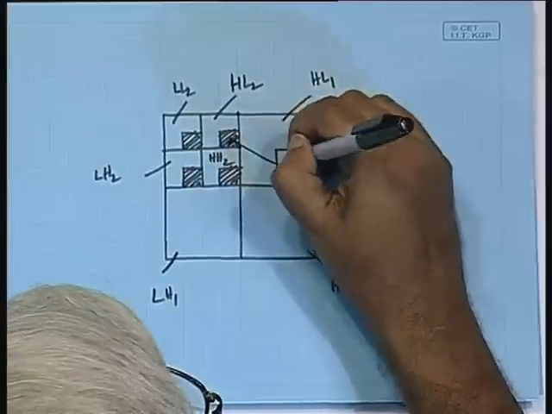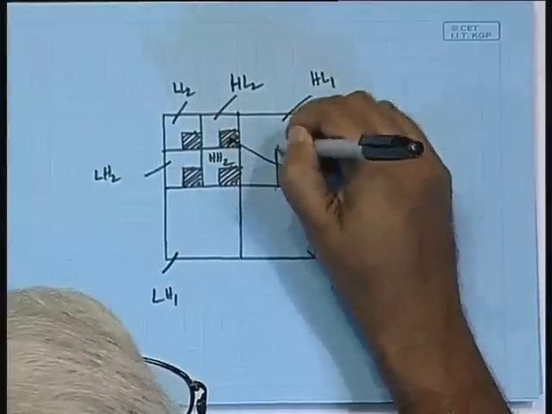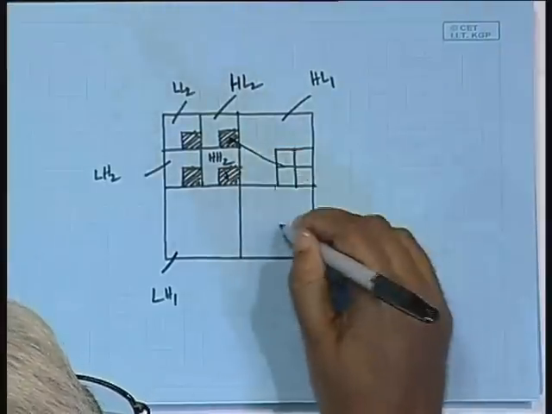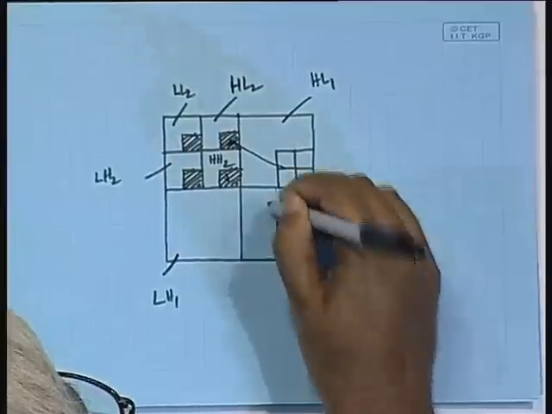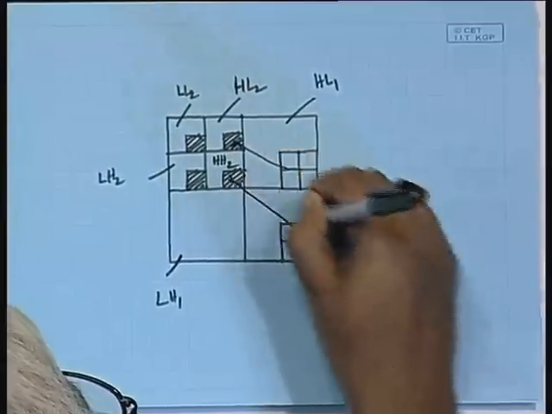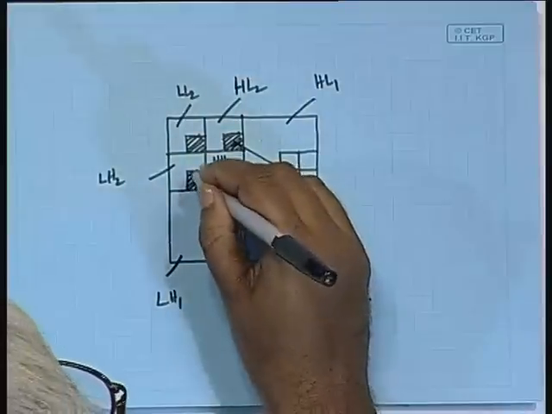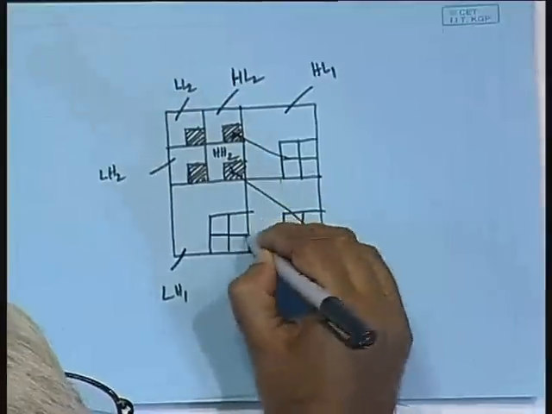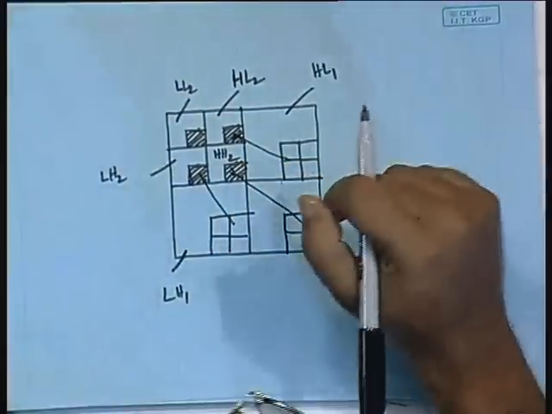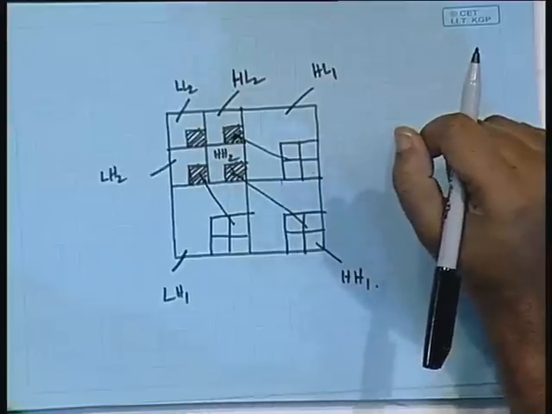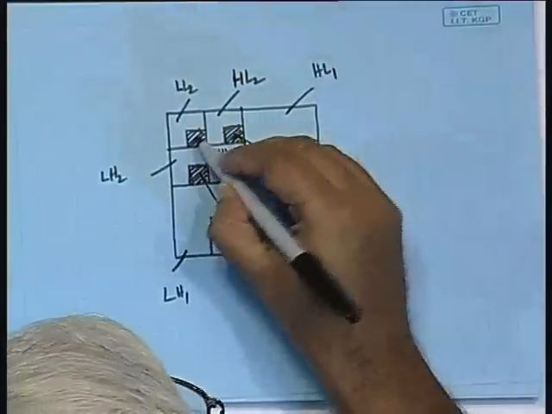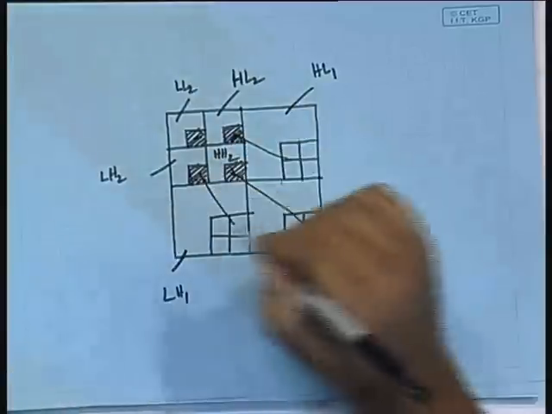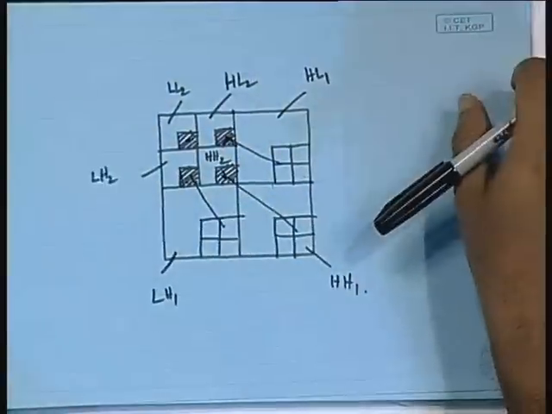Similarly, this pixel of HH2 would correspond to 4 pixels in HH1, and 1 pixel in LH2 will correspond to 4 pixels in LH1. And LL2's pixel is already related to these 3.